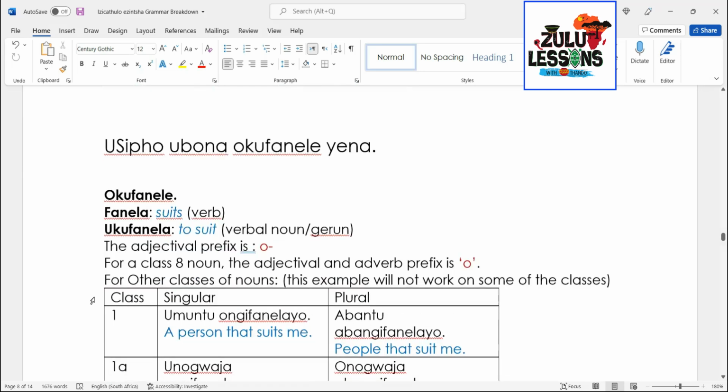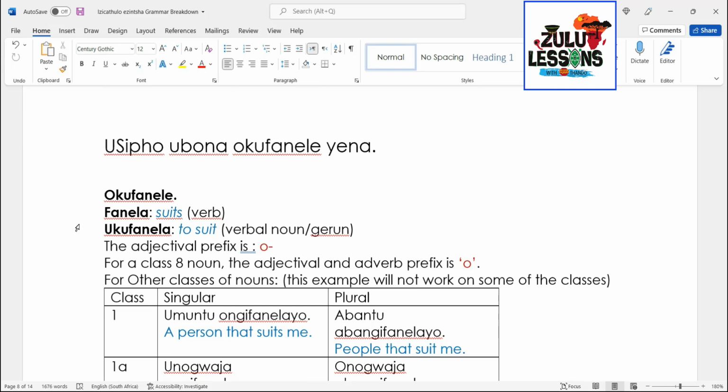Now, the next sentence is Usipho ubona okufanele yena. Let's have a look at that word fanele. Fanela means to suit, as in something that suits you.